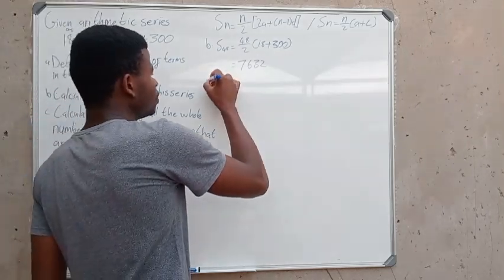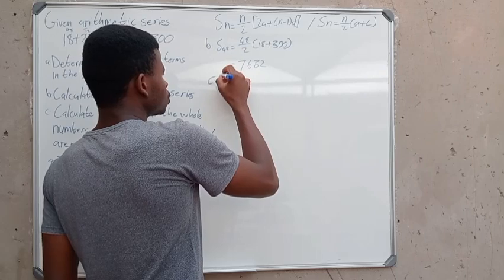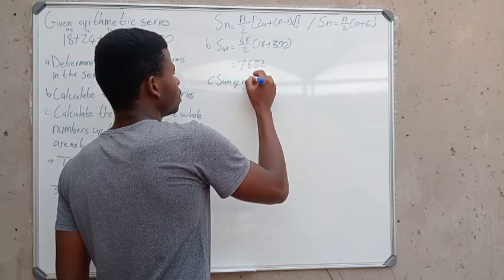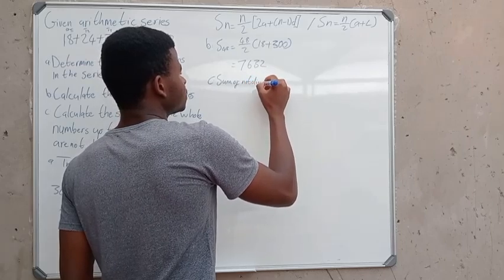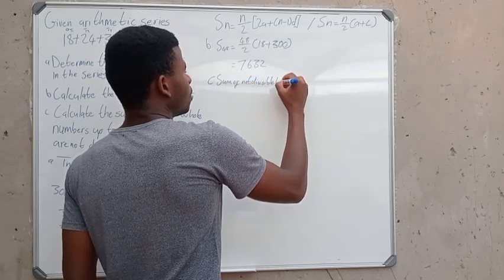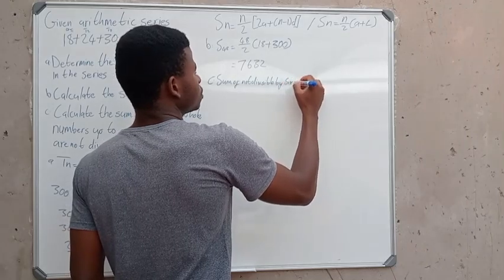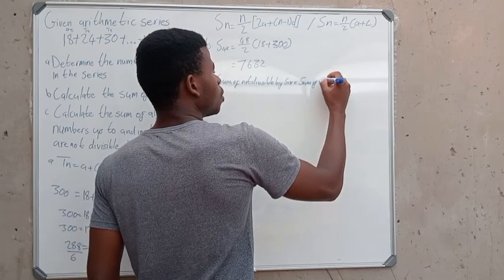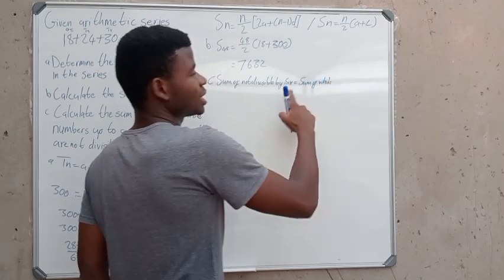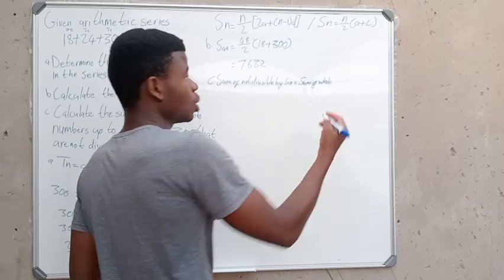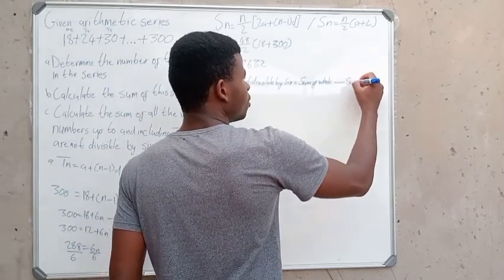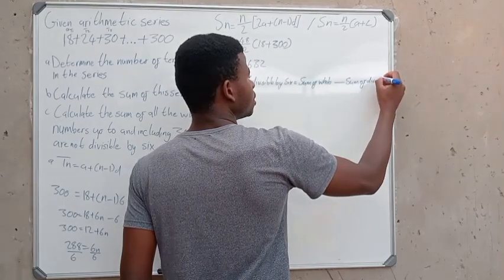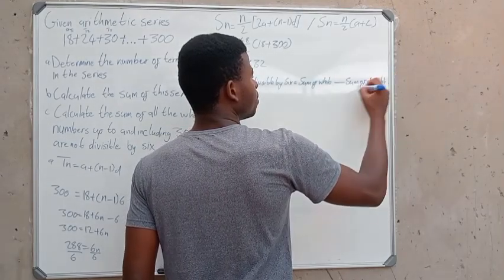Okay, so let me give you the formula here. The sum of those not divisible by 6 is equivalent to the sum of the whole numbers minus the sum of those divisible by 6.